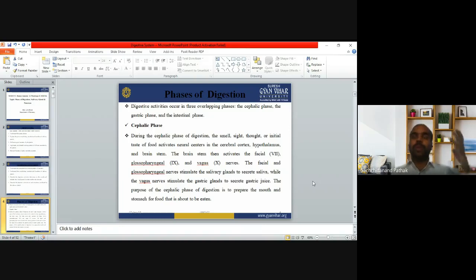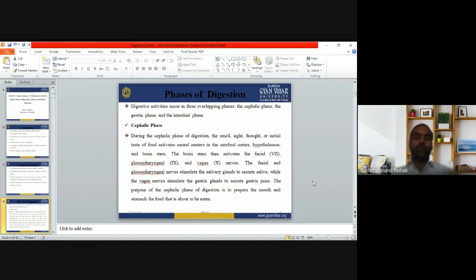When our brain is activated, it will activate cranial nerves number 7, 9th and 10th. So three cranial nerves will be activated, 7th, 9th and 10th. Cranial nerves 7th and 9th, the facial and glossopharyngeal, will stimulate the salivary gland to secrete the saliva.